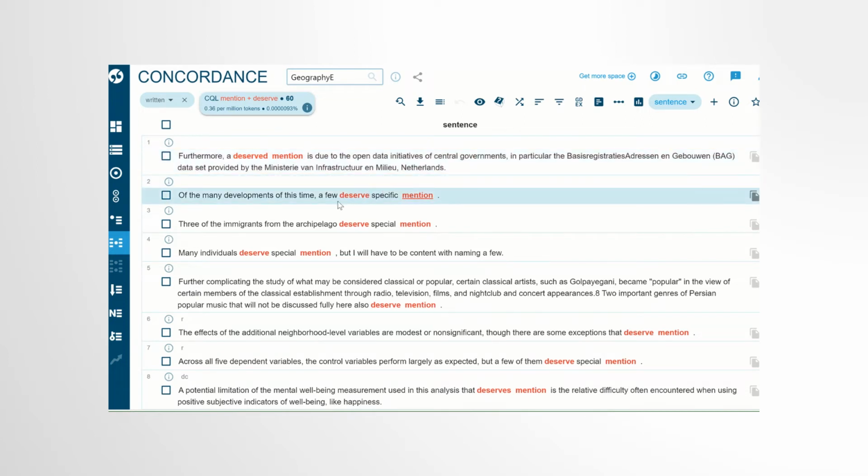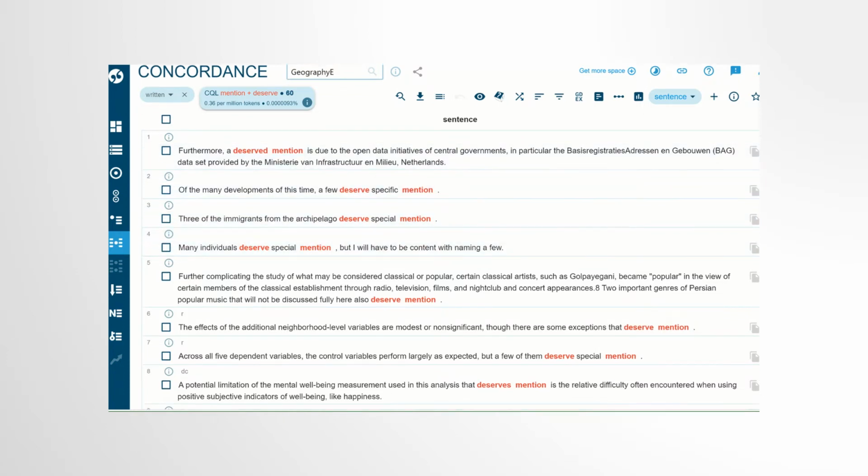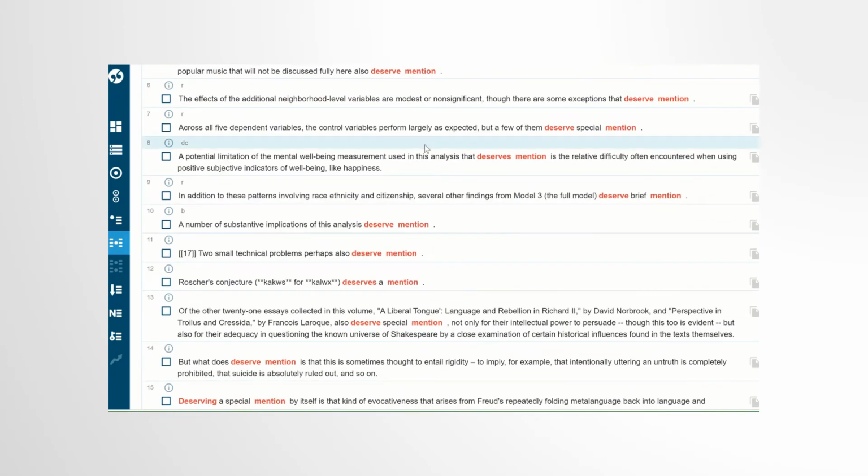Yes, so here we can say this is the kind of use we're looking for. A few deserve specific mention. 3 of the immigrants from the archipelago deserve special mention. Many individuals deserve special mention. So these are examples we might want to save.